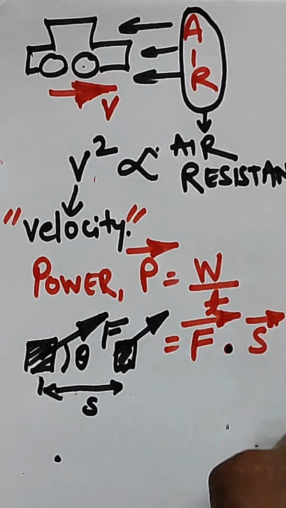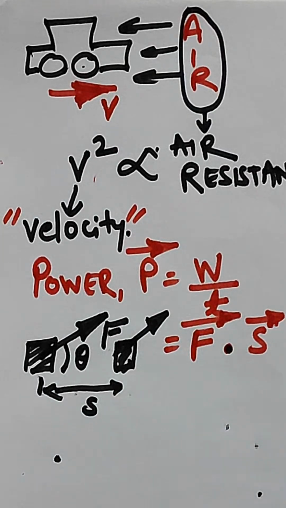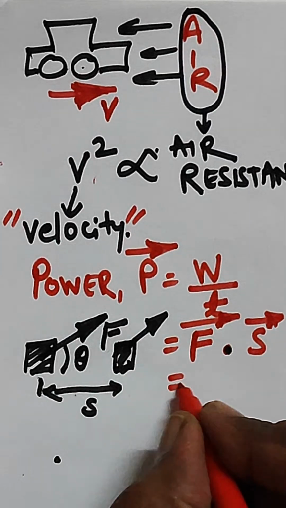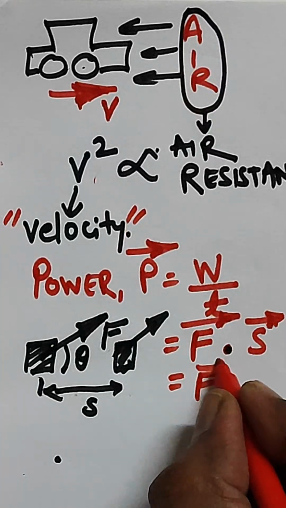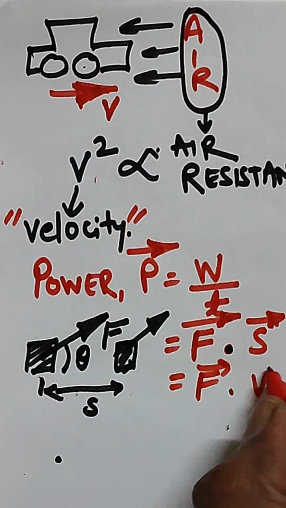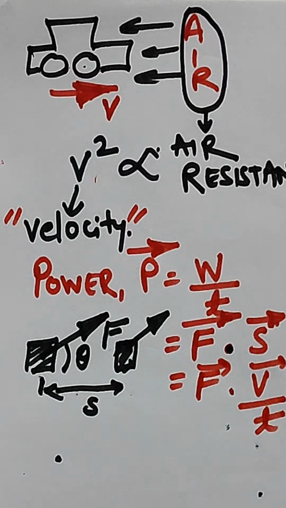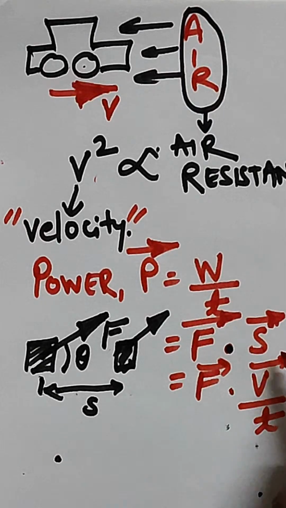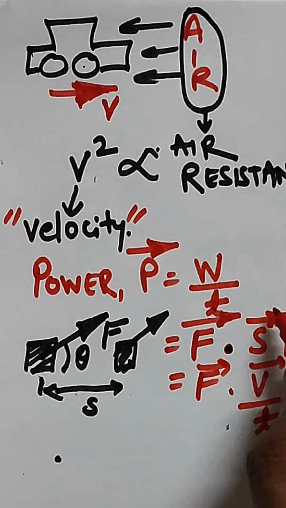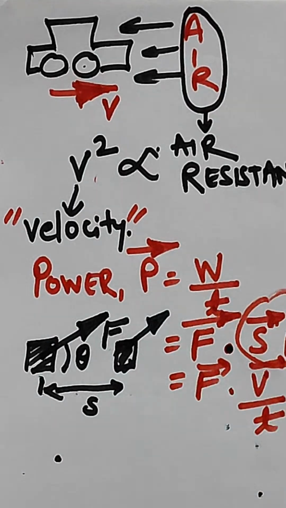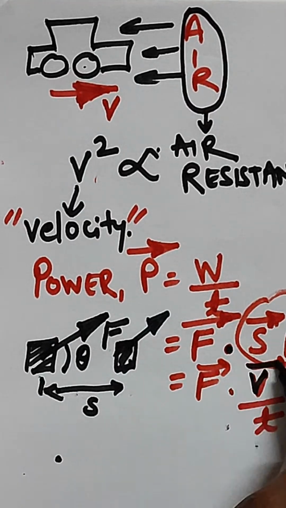So from here this can be further written as F dot S by T, isn't it? S by T can be converted into V, since T is already present over here.